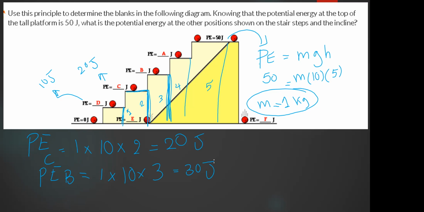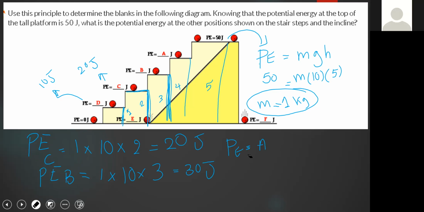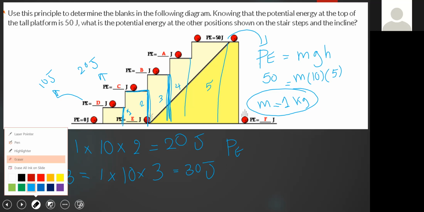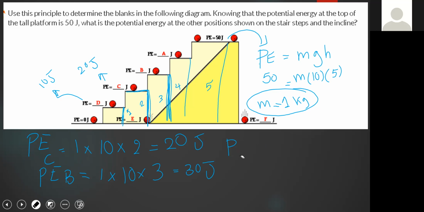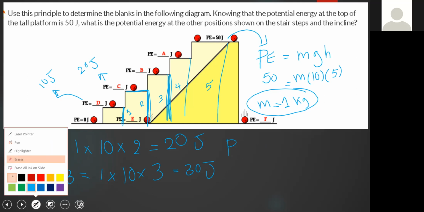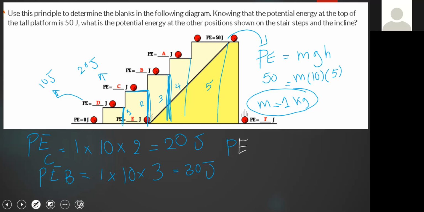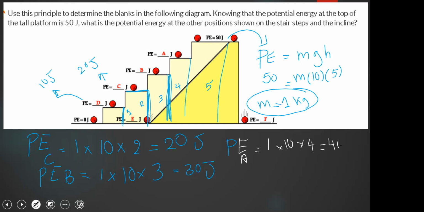Now, the potential energy at point A. It should be 40. Let's rewrite it here: m, which is 1, times g, which is 10, times the height, which is 4, which is 40 joule.